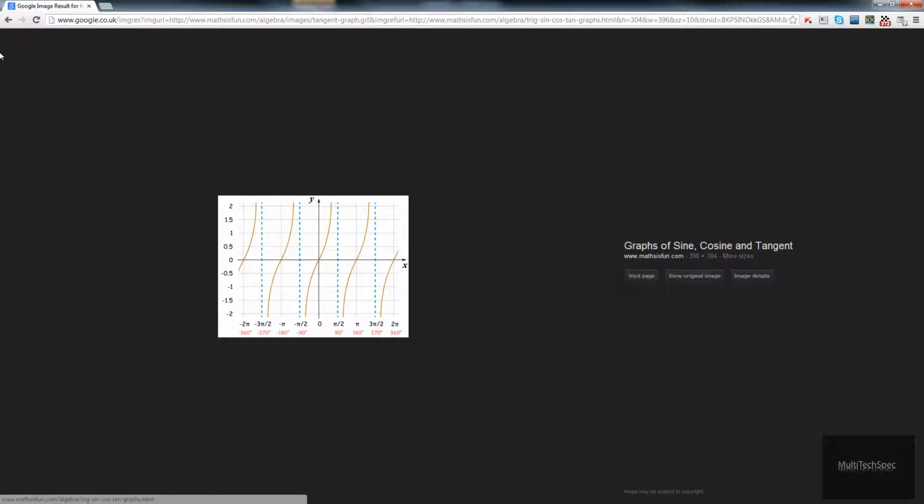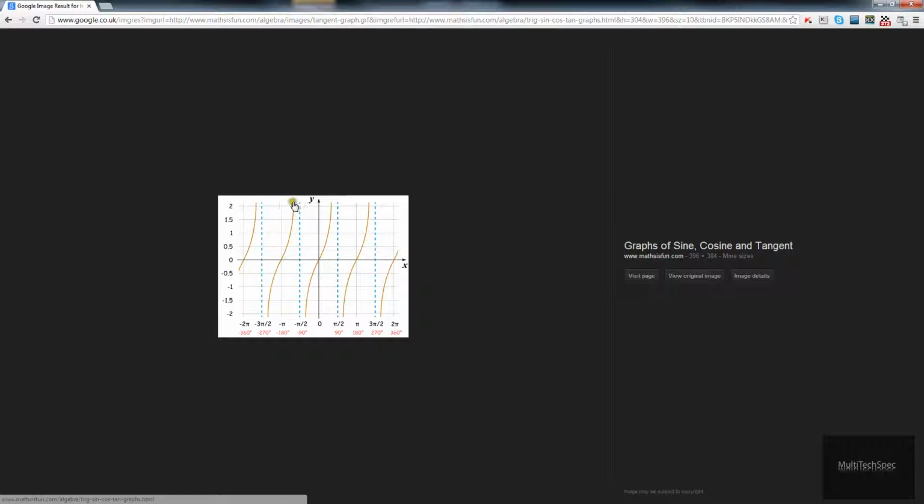Well, for the tan one, it appears you can go as high as you like. And the reason for that is because of this asymptote here. This is called an asymptote. The reason for it being called an asymptote is because this line here goes close to this asymptotic line. So an asymptote really is like a line that doesn't really exist, but the line goes close to it, in layman's terms.